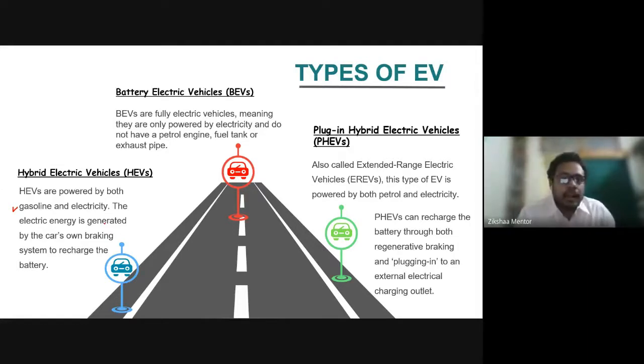However, battery electric vehicles are completely and fully electric vehicles in a true sense: they have no IC engine, no petrol, no diesel, no fuel tank, and no exhaust pipe. So this is a truly greener technology, but battery electric vehicles have problems when it comes to long commutes.